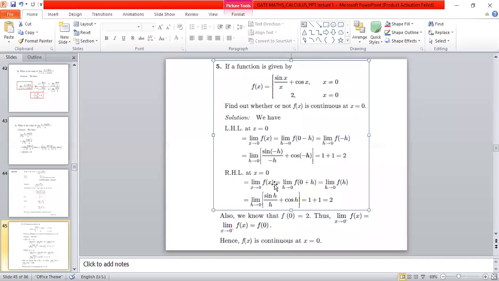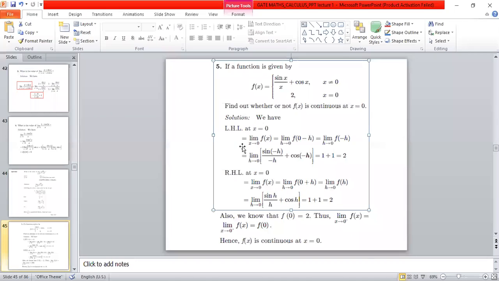Yes, okay. The question is: a function f of x is given to you, where it breaks at 0. Find out whether or not the function is continuous at 0. If the function is breaking at 0, we have to check its left hand and right hand limits.